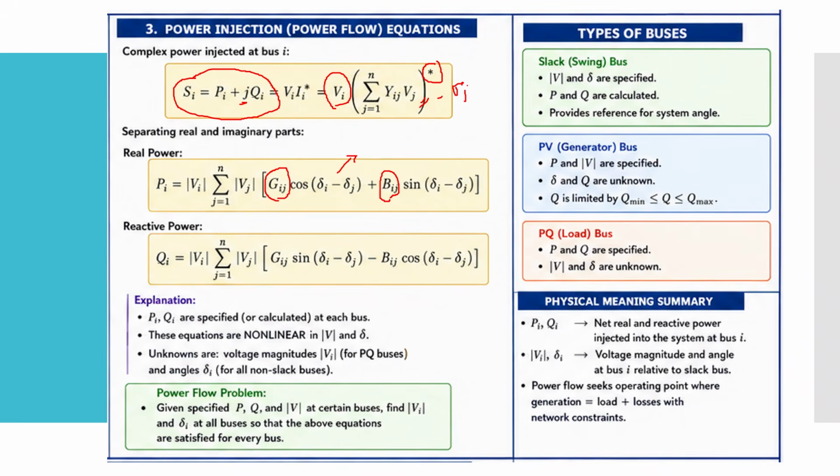But when we come to the reactive power, this part becomes a sine and this part becomes a cos, because cos is the real part and we have the imaginary part as susceptance Bij. So this is the final representation of the power at bus i, Pi and Qi.